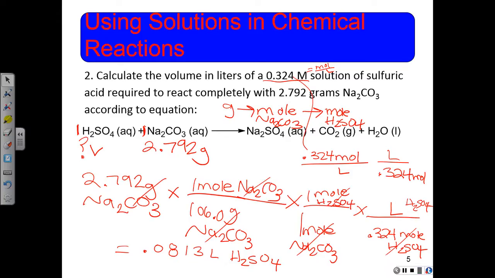He's asking, could you just take your moles of sulfuric acid here and then find the volume using your molarity equation? You know your molarity is 0.324, and you know your moles, so you could just plug it in. But that's exactly what you're doing. It's the same thing, because moles over molarity equals liters. Your moles divided by molarity equals liters.